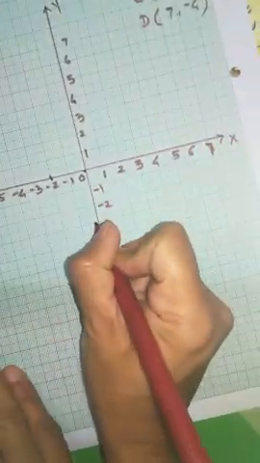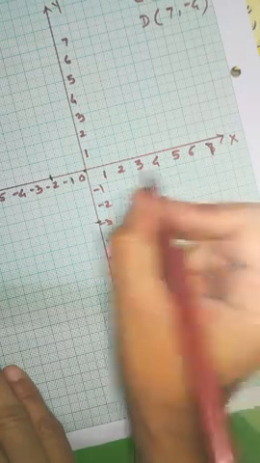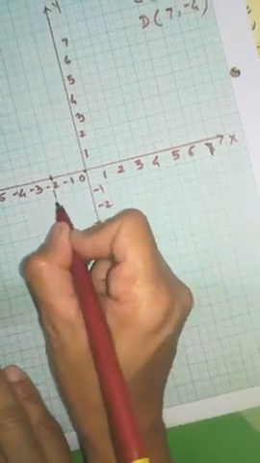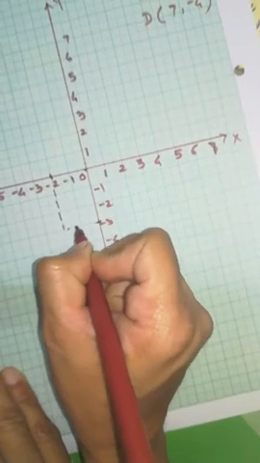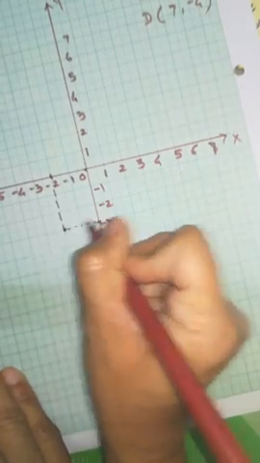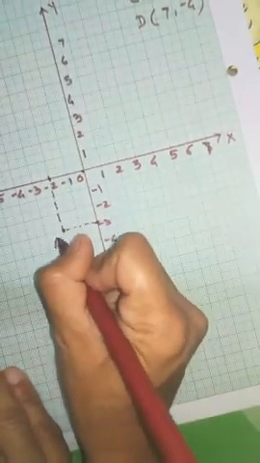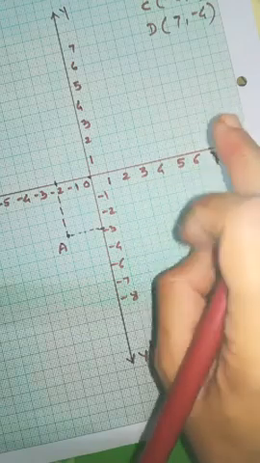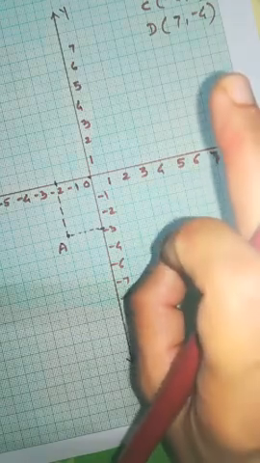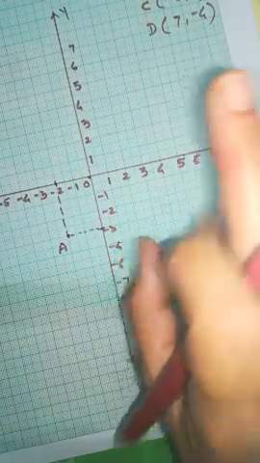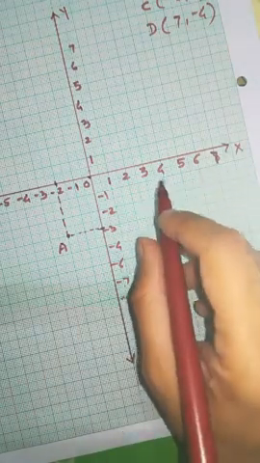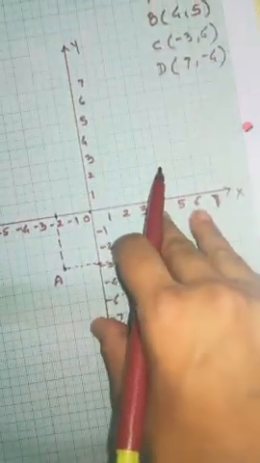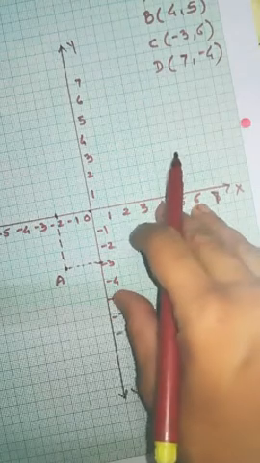So here it is -3. Now we are going to draw the perpendicular lines. Okay, this. So this intersecting point is our A coordinate. Okay, always you have to plot the x coordinate first.